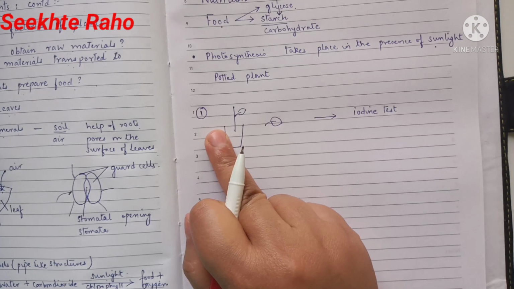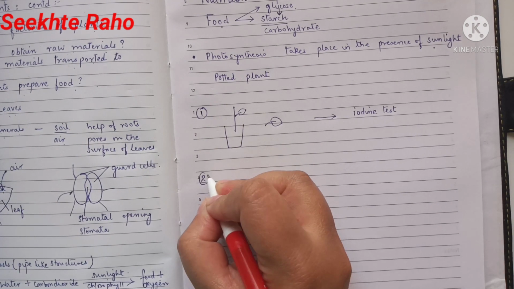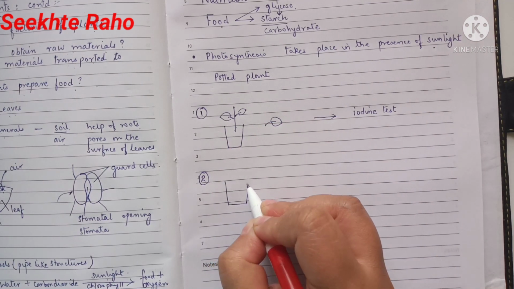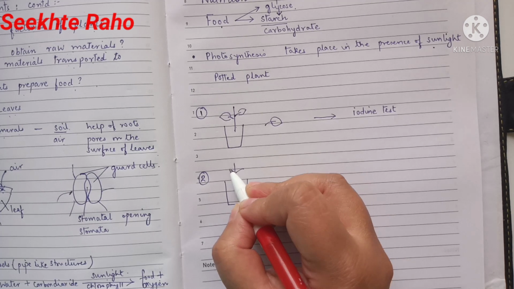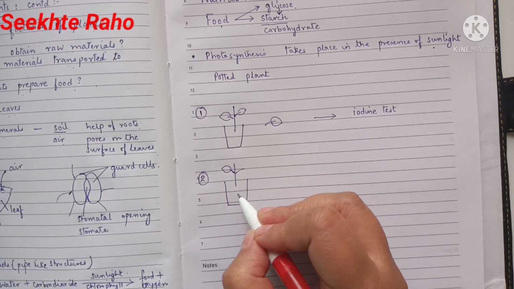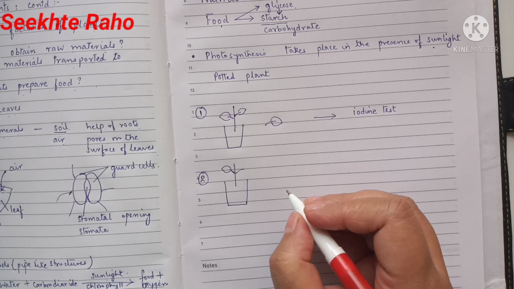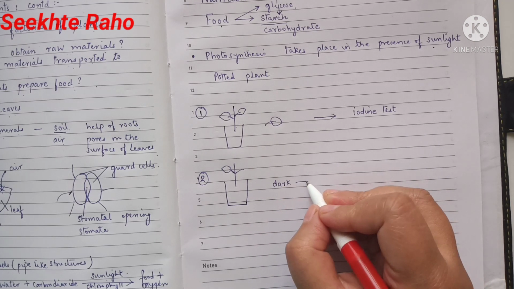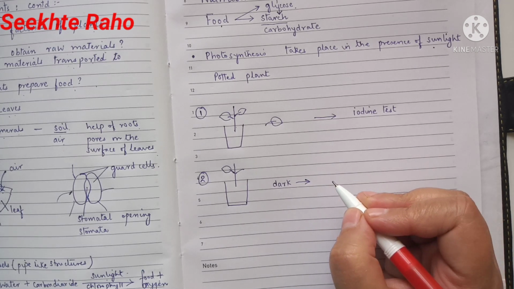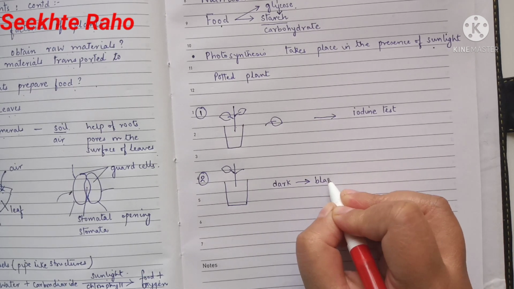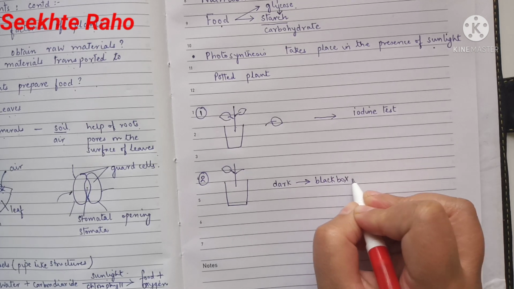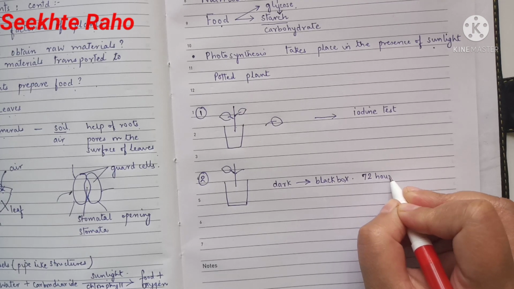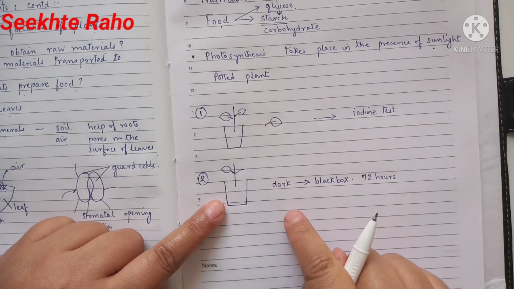For the second part of the activity, we are going to keep this same plant in the dark, or we can keep it in a black box also, for 72 hours.